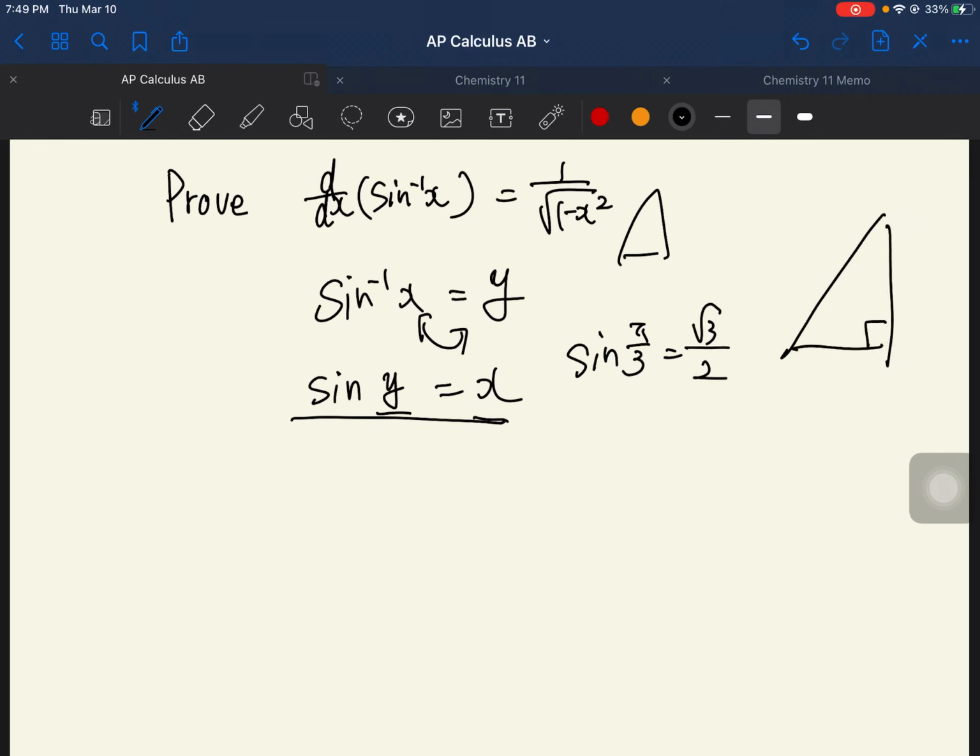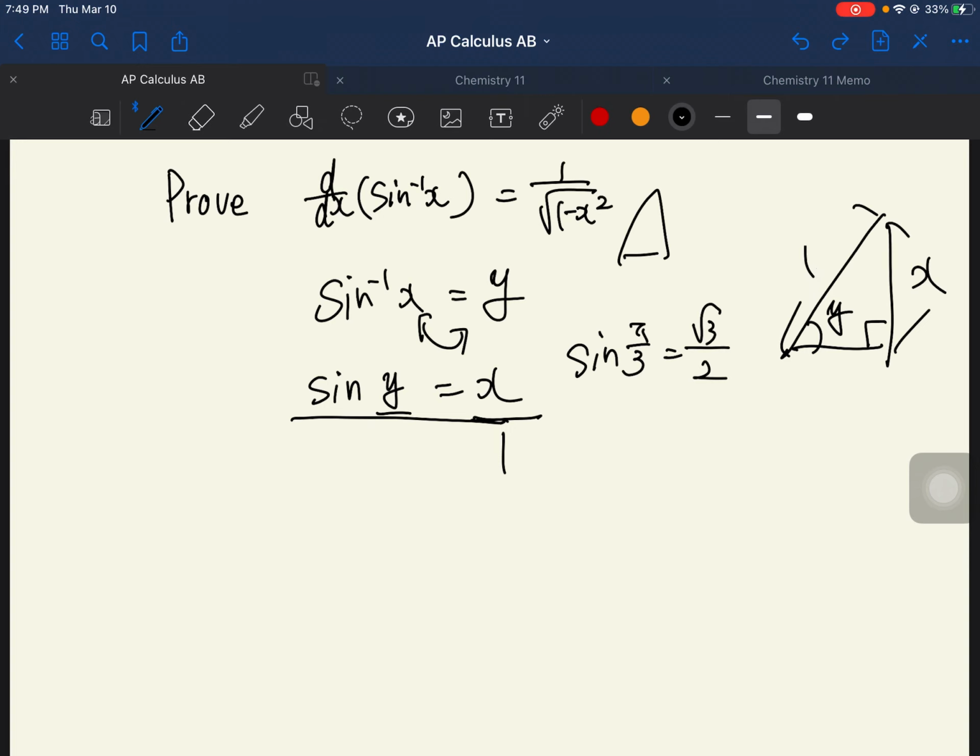This one is the right angle, and this angle is y, and the value here is going to be 1 and x, because this value is x. It might be easier if you put the 1 here, x over 1. Then you can imagine this and draw this triangle.